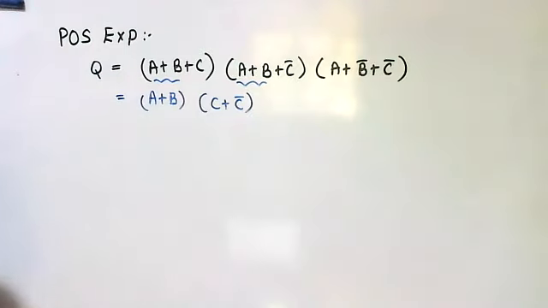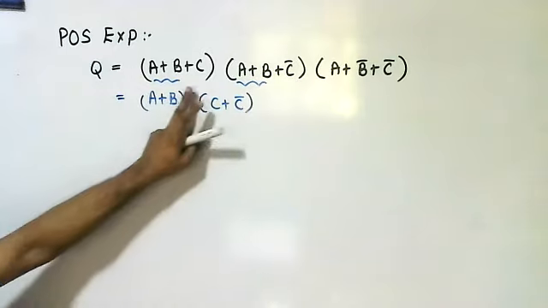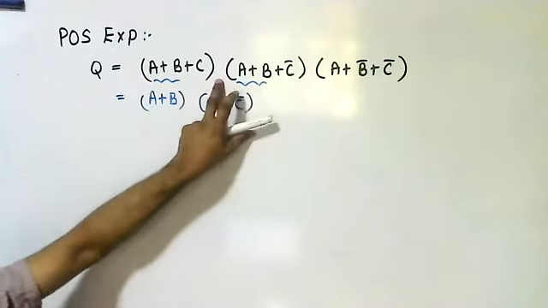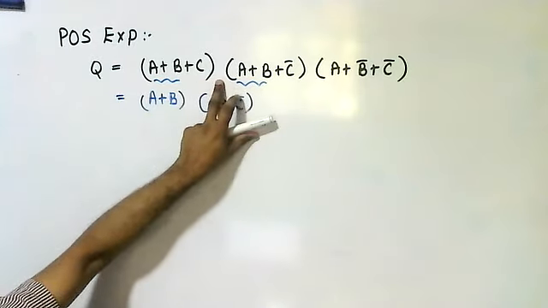What is the law we are applying here? Distributive law. In between this and this, multiplication is there, an AND gate is there.